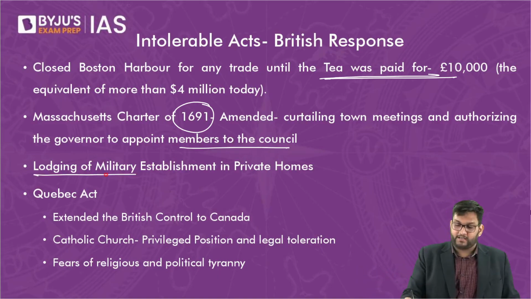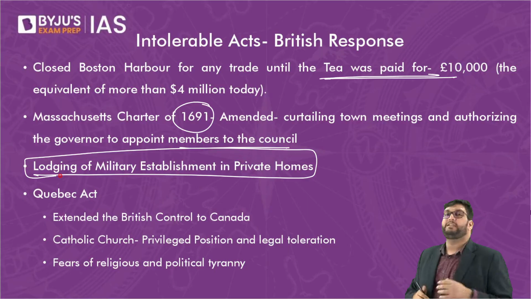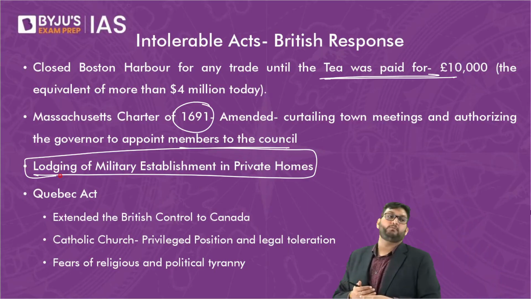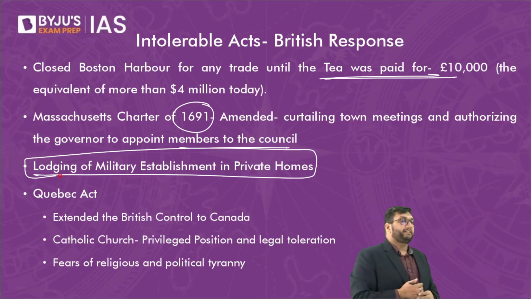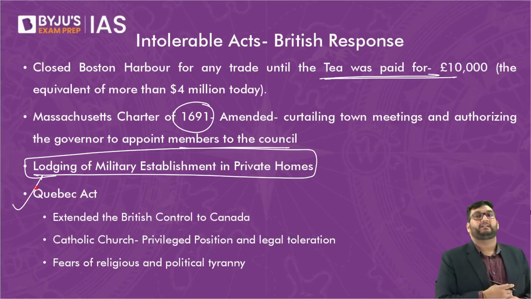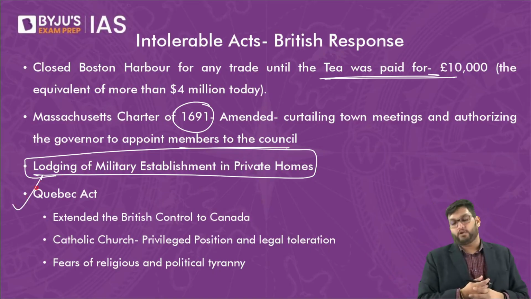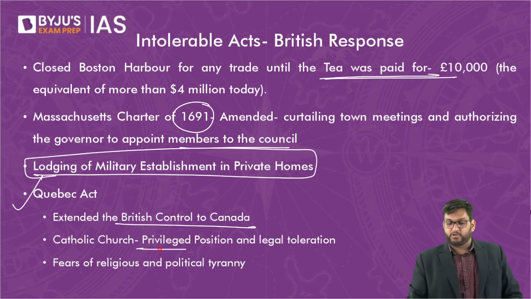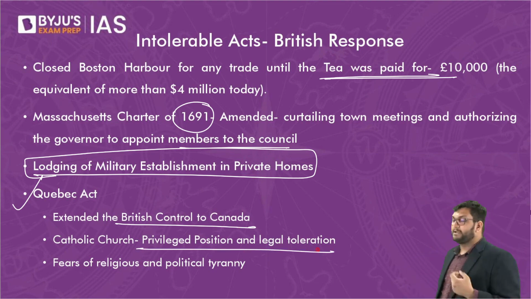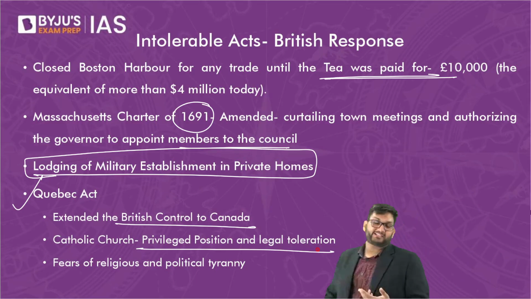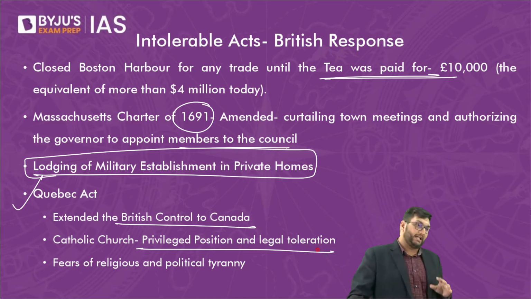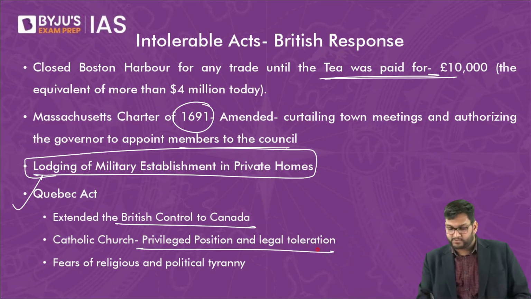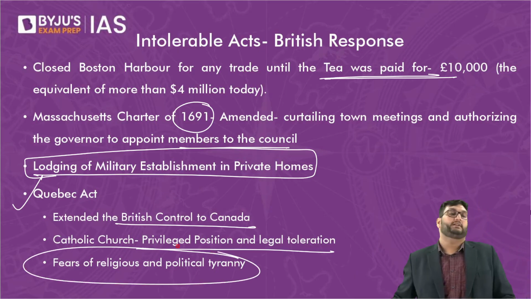And military lodging will be given in private homes. This was going to impact everyone. But the real problem was the Quebec Act, happening north of these colonies, wherein the British, who controlled Canada, allowed the church to have a legal position, and legal toleration of conversion was allowed by the British. This was seen as a major turning point.